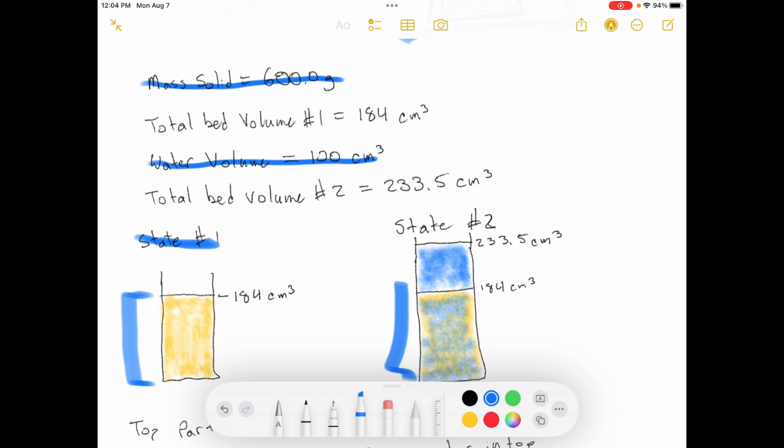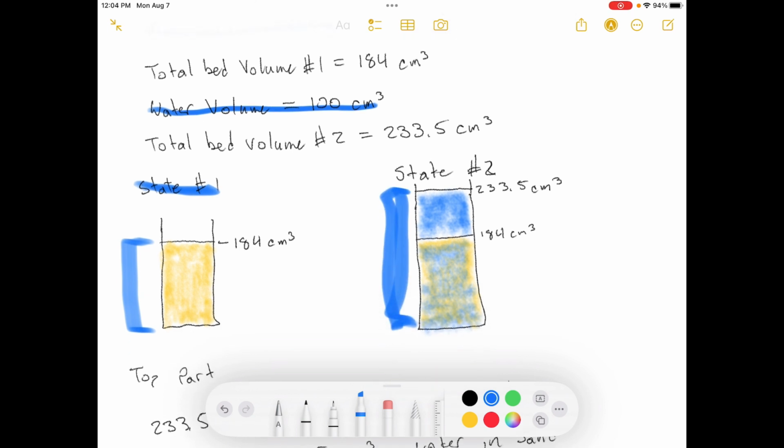Then you have more volume in state 2. There's a certain amount of water that's above the level of the ore, that is, this much volume, but then you still have all the sand volume underneath as well. So the total bed volume in the next one is 233.5.